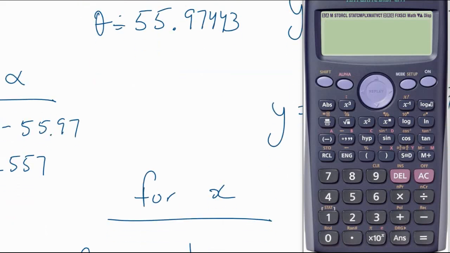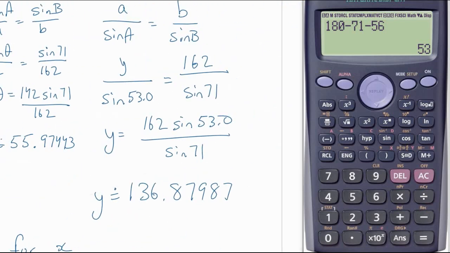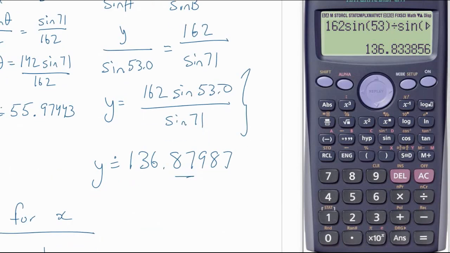So let's do that. Just trust me, even if you're not following what I'm doing, that I'm rounding an angle now. Minus 56 gives me 53, okay? And so now I'm at this step, okay? 162 sine of 53 divided by sine 71. 136.83, and this is 0.87.